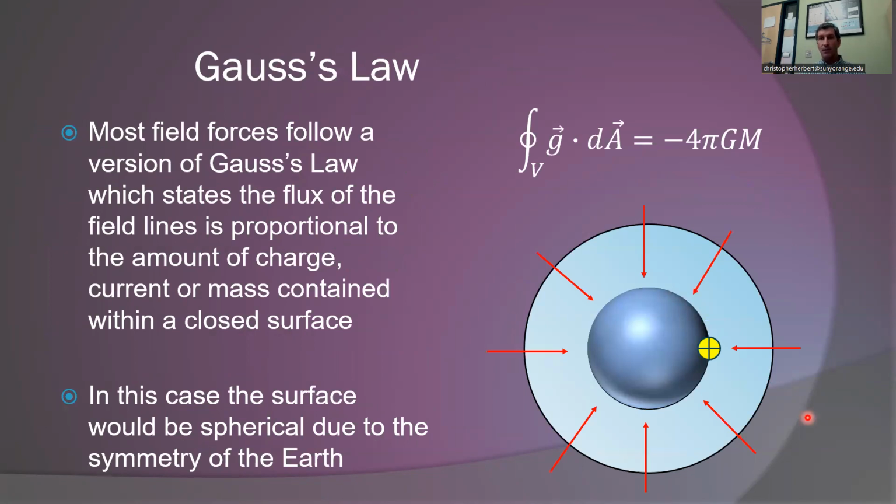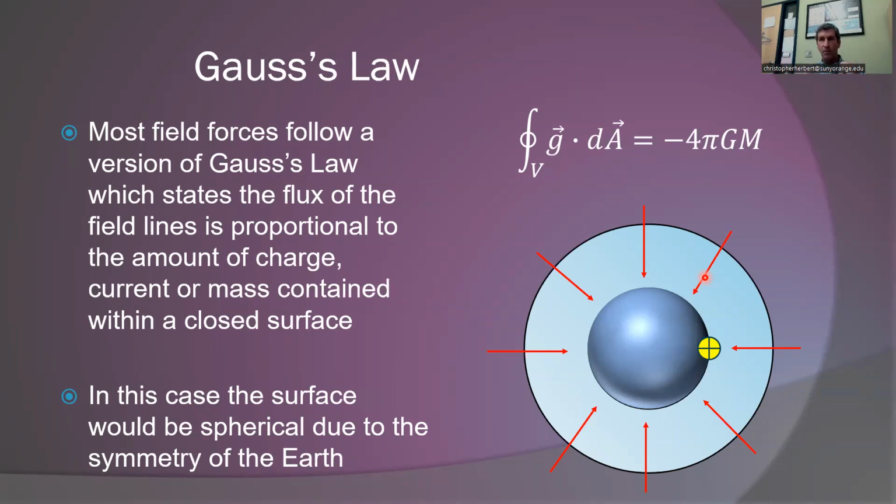Again, we're going to use something called Gauss's law. And Gauss's law basically says, imagine we have the Earth right here. The Earth, we're going to completely simplify it. We're going to say that it has a constant density. Its density is the same at the center as it is at the surface. It is spherical, and we can visualize the gravitational field of the Earth as pointing inward.